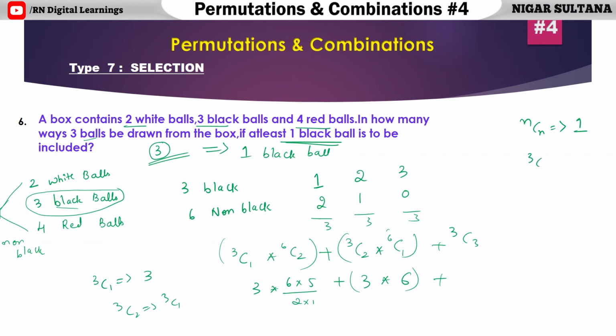So 3C3 is also 1, 10C10 is also 1, whatever the value of N can be, the answer will always be 1. So this is my 1. This is 1, 3s. Now 3 5s are 15. This is my 15. 15 into 3 is 45 plus 3 into 6 is 18 plus 1. So when we add all these numbers we get 64.